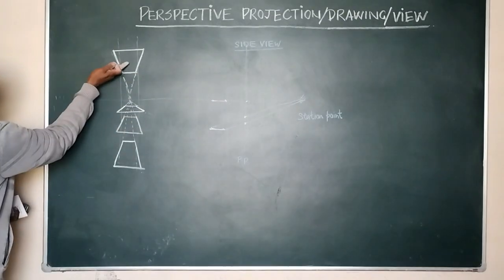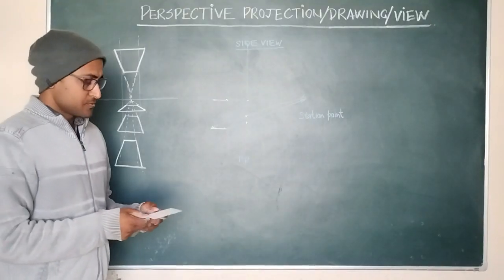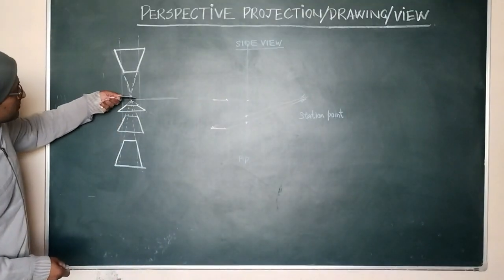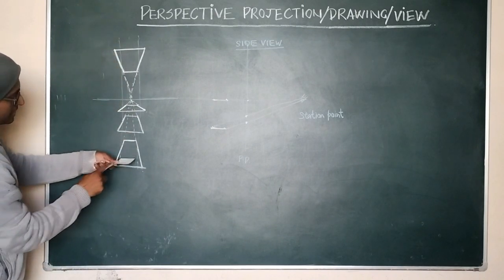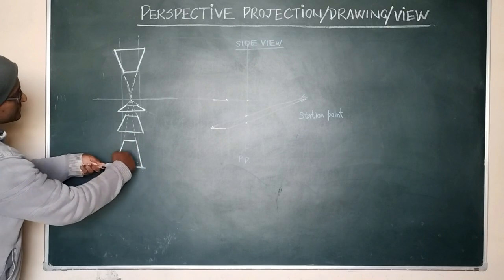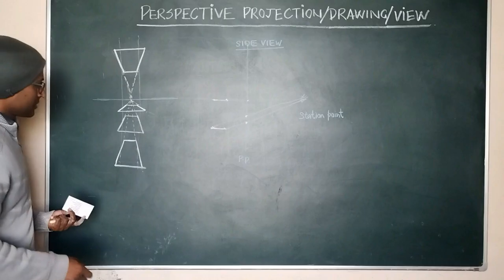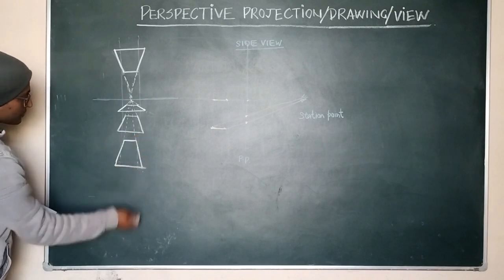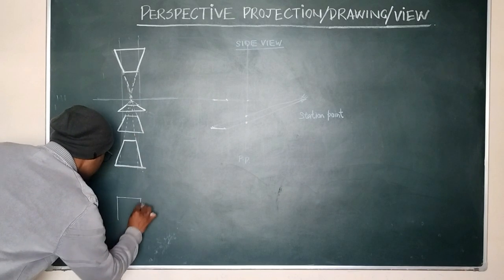So this will be the bottom surface, this will be the upper surface or top surface. If I am moving up, I can see the bottom surface. If I go down, I can see the top surface, and these lines are merging at the center of vision. If you want to get the width of the object, again you can draw the top view like this.